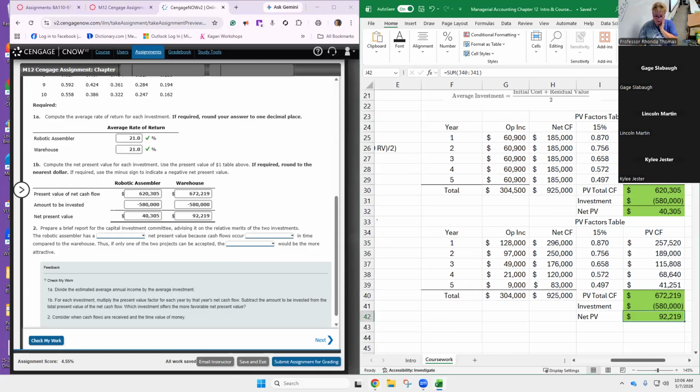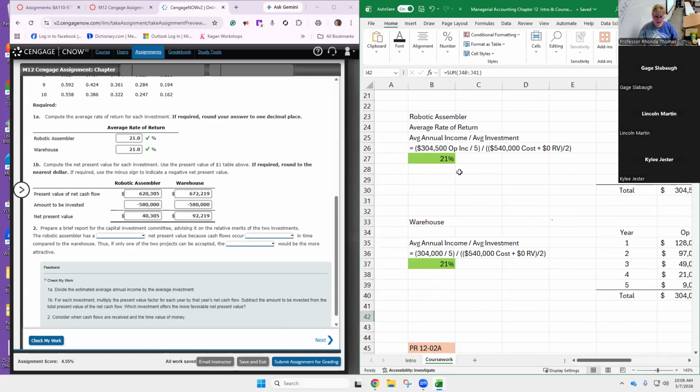So if our capital budgeting committee needed a recommendation, we didn't get any help using the average rate of return because they were the same.